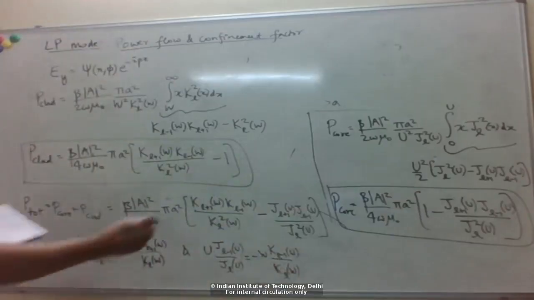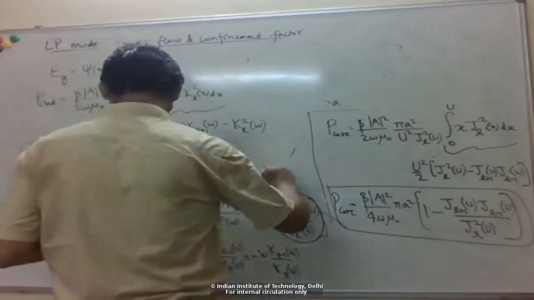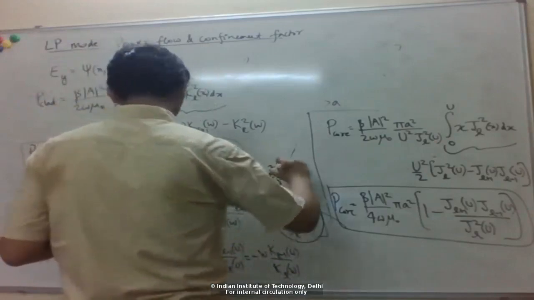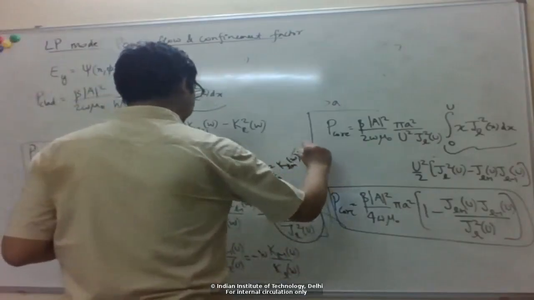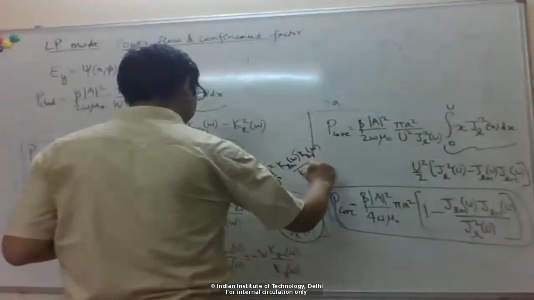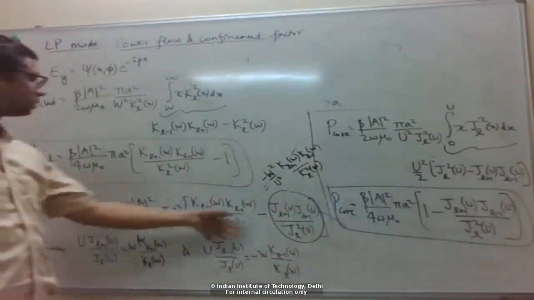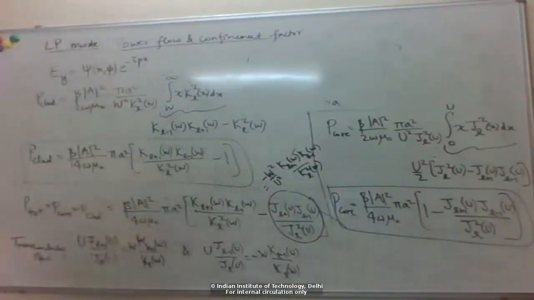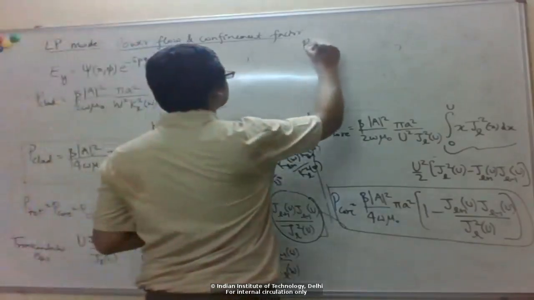So basically what we are saying is this thing we can write as minus W square by U square times KL plus 1, KL minus 1 by KL square, so that our final expression will be just in terms of K. So we plug that in.